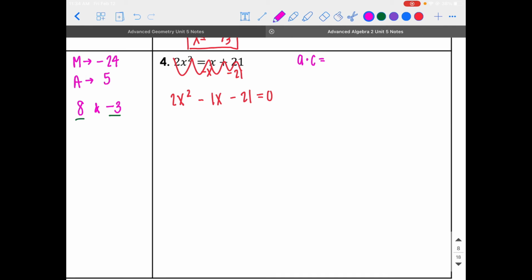So my a times c is negative 42. That's 2 times negative 21. And then, so I'm looking for two numbers that multiply to be negative 42, but add to be negative 1. Those two numbers are negative 7 and 6.